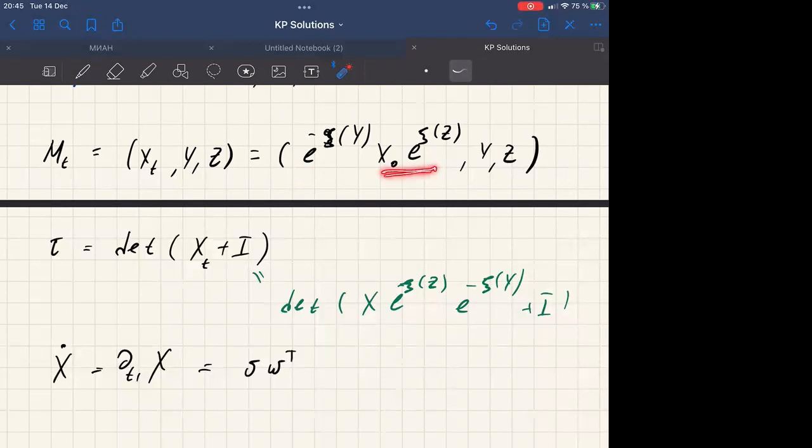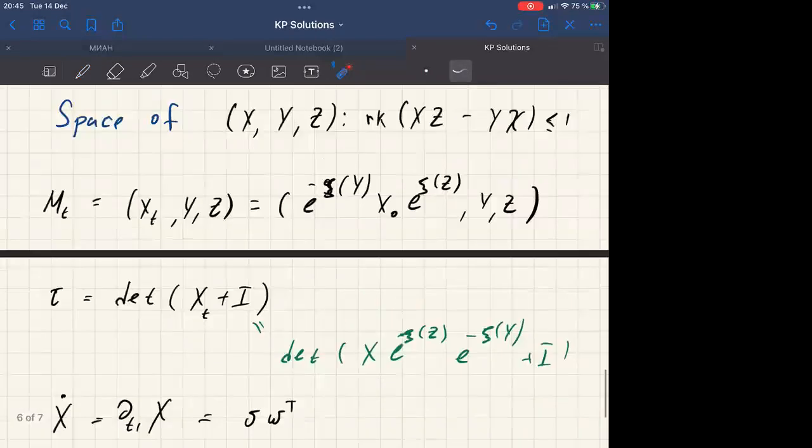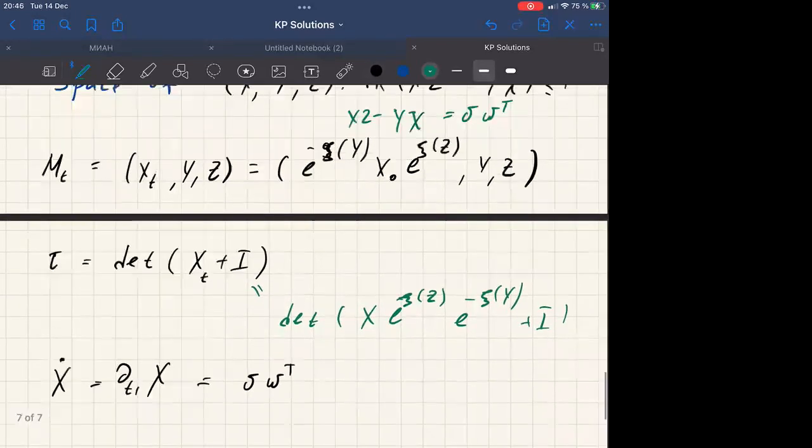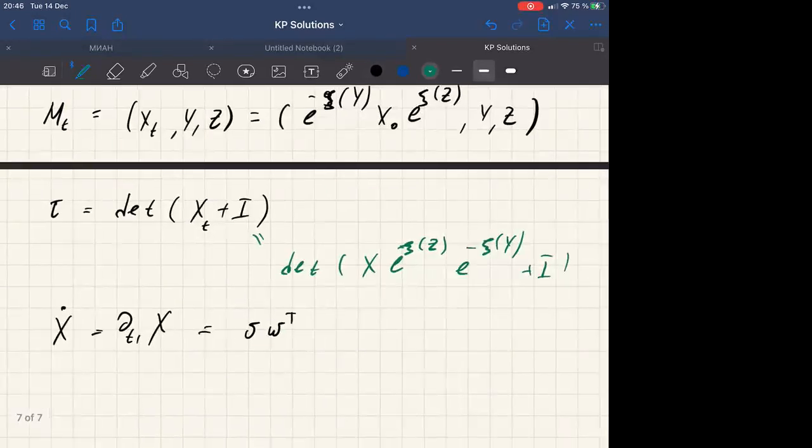It gives us something like xz minus yx, which is written here.